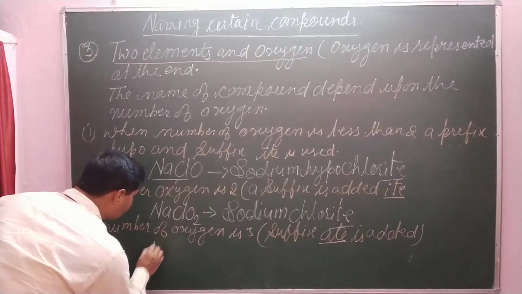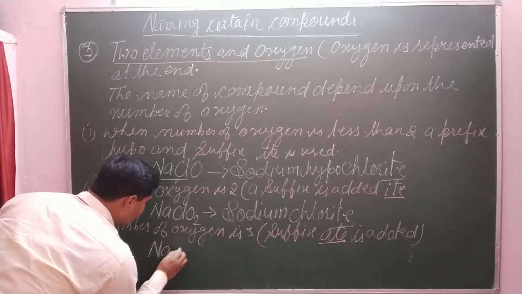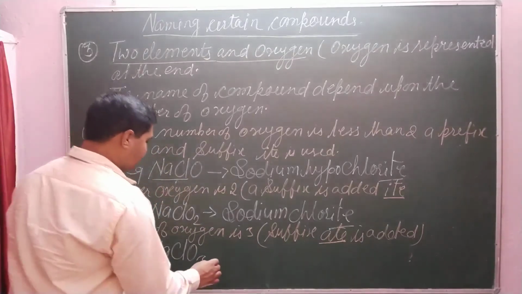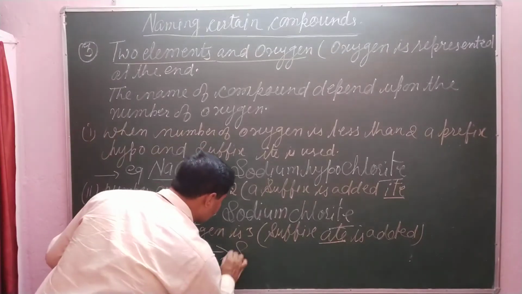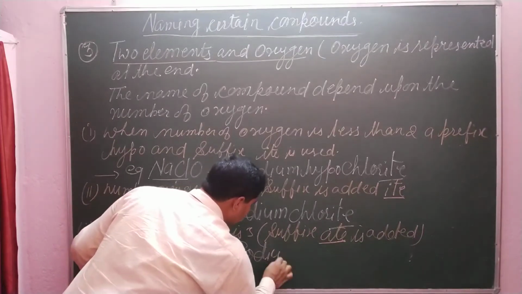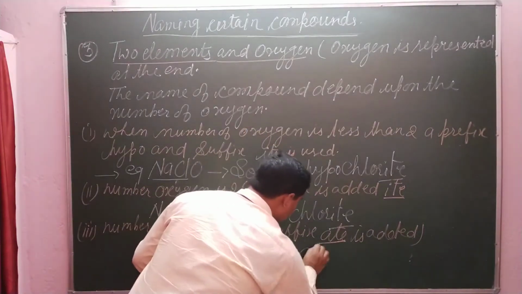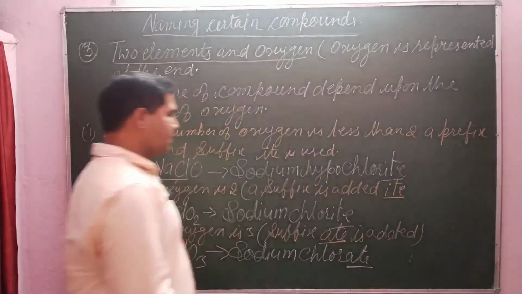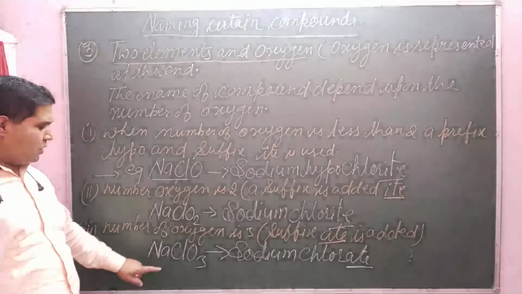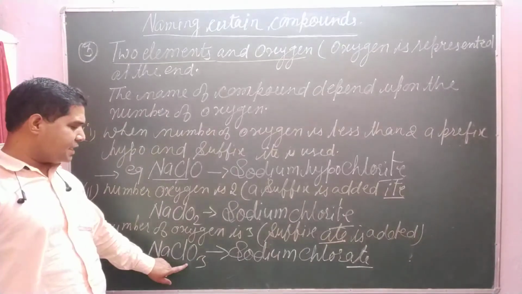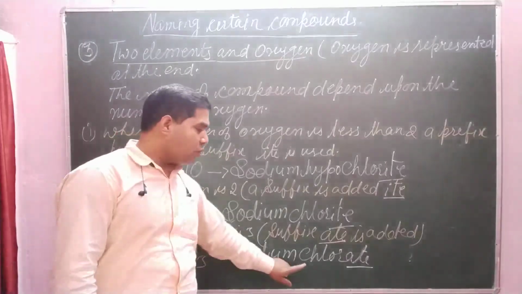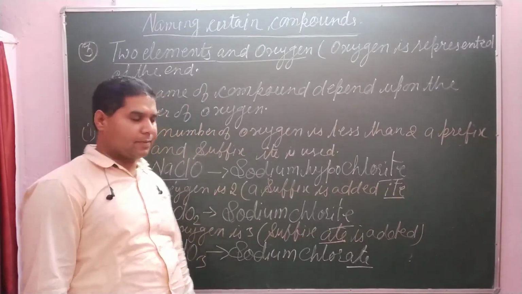See here NaClO3. So the name will be sodium chlorate. So where the number of oxygen is 3, the compound will be named sodium chlorate.